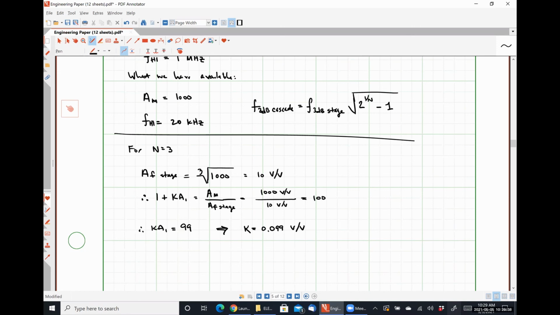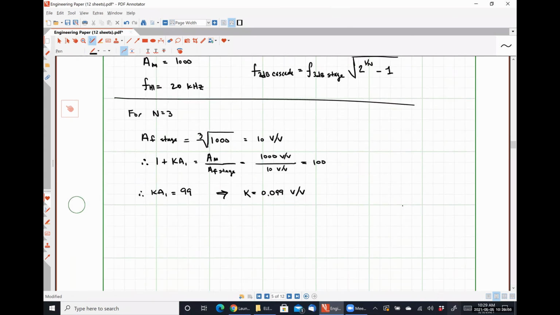So we know that under these constraints, this is easily doable, right? We're going to have three stages with a gain with feedback of 10 volts per volt. Now we need to figure out what the extension of the bandwidth is when we do this. So each stage, F3dB stage is going to be 1 plus KA1 times our high frequency pole value.